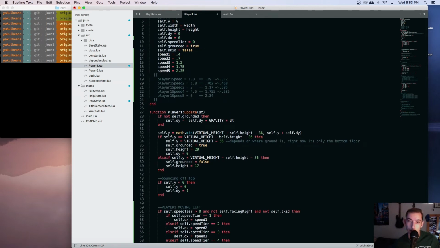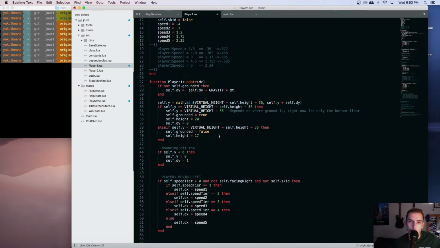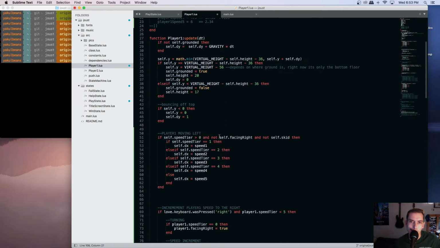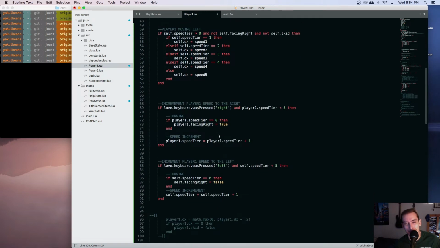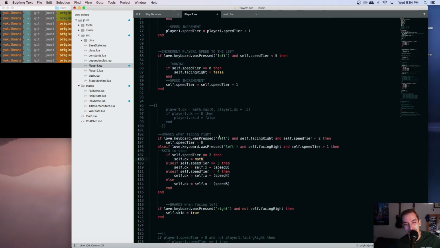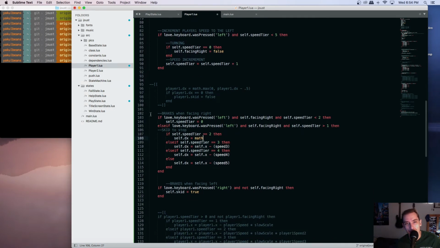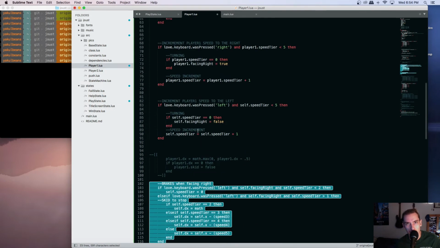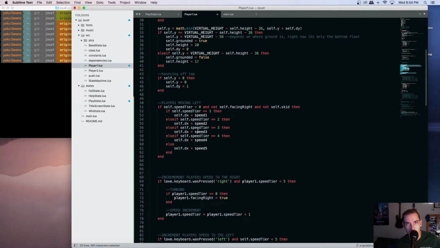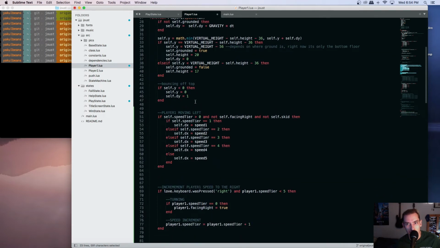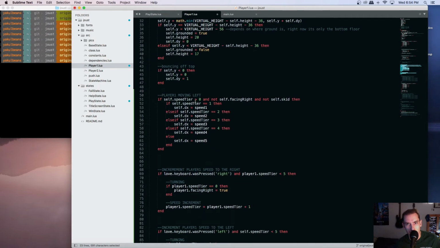Okay, so I just lost my place and got really confused. So this brakes when facing right, and there's also DX gets the speed tier.